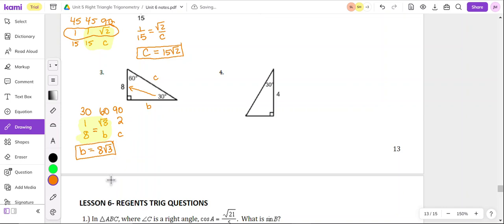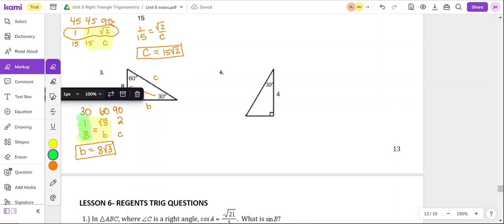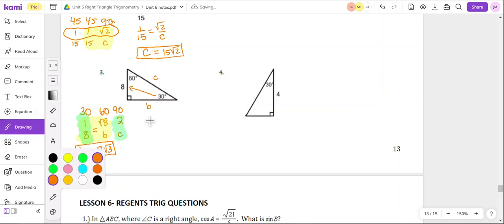Now for the other one, we're definitely going to use the 1 over 8 again and 2 over C this time. Cross multiplying, what is C? 60. There you go.